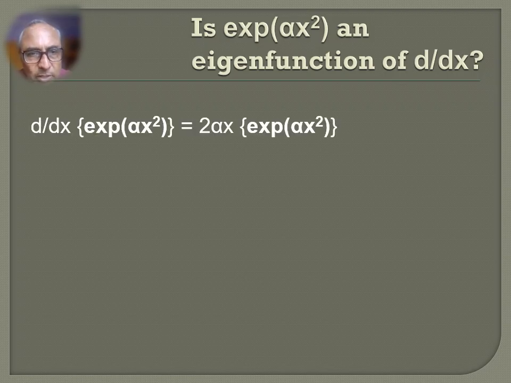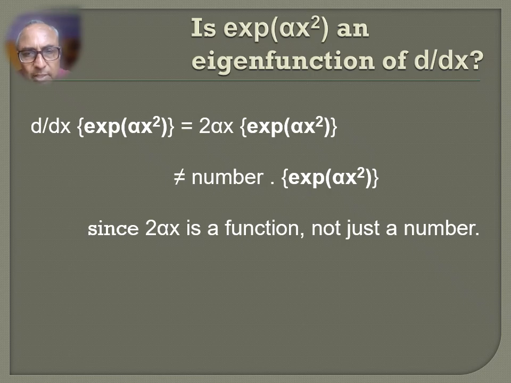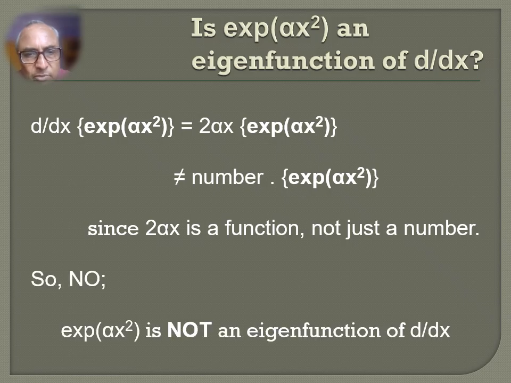Let's work it out. d by dx operating on e to the power alpha x squared is equal to 2 alpha x times e to the power alpha x squared, which is not a number times e to the power alpha x squared, since 2 alpha x is a function and not just a number. So no, e to the power alpha x squared is not an eigenfunction of d by dx.